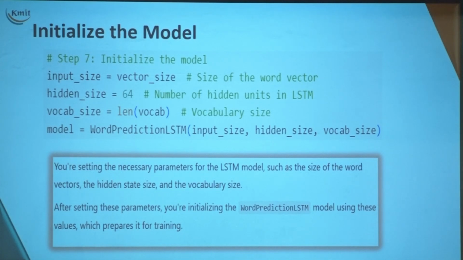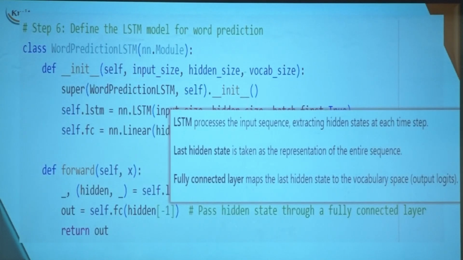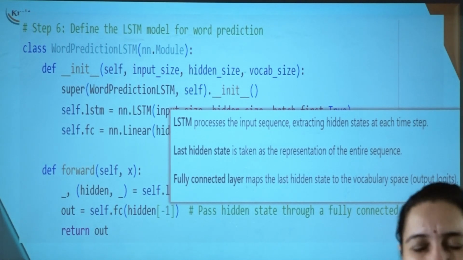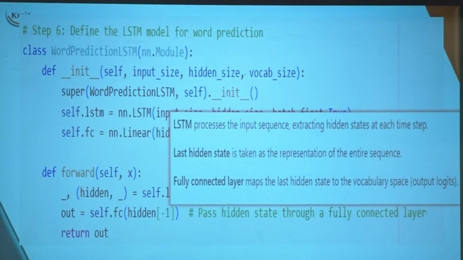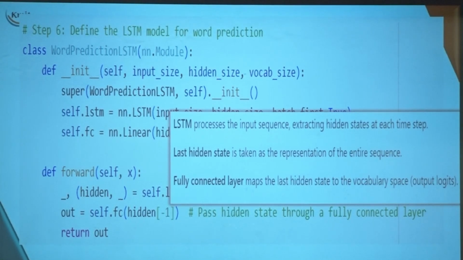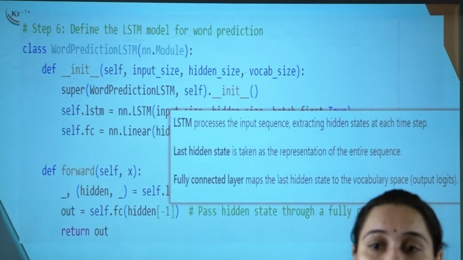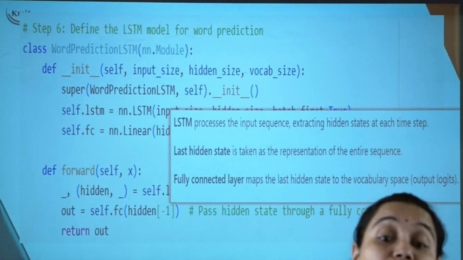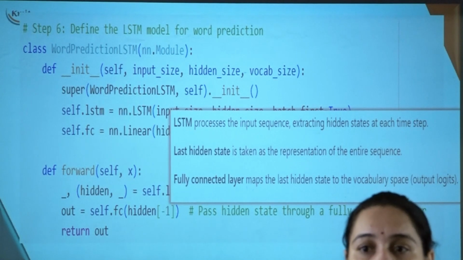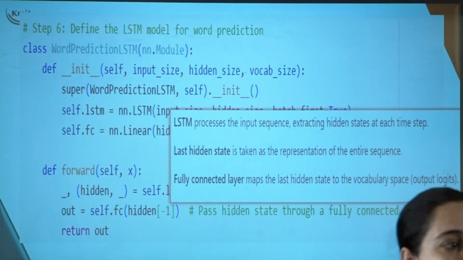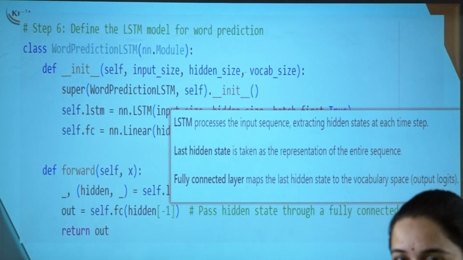Okay. I'll go back. Here, the fully connected layer is going to map the last hidden state to vocabulary space, giving output logits. Output logits mean roughly the probability that out of all these words, this would be my classified output, but not exactly a probability. You still have to get a probabilistic output, which you do by applying the softmax function.